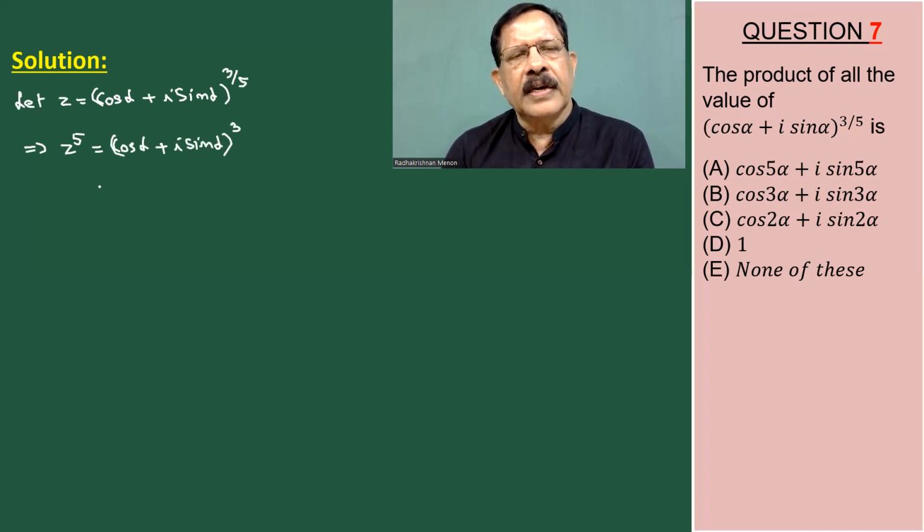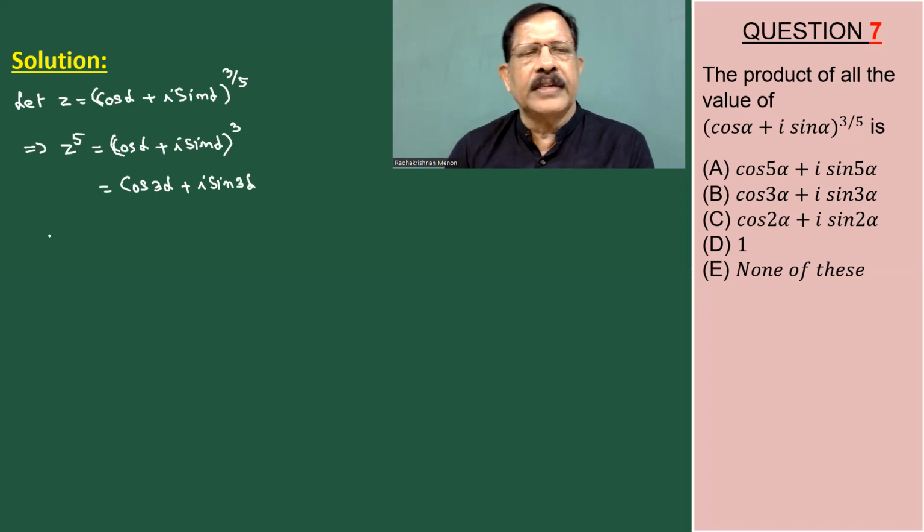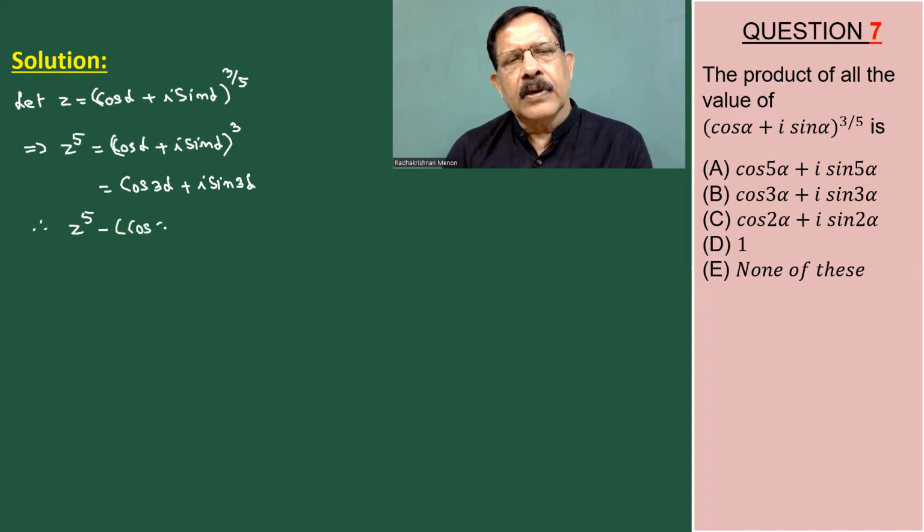So we can use De Moivre's theorem again: it is equal to cos 3 alpha plus I sine 3 alpha. We take cos 3 alpha plus I sine 3 alpha to LHS. Therefore, z raised to 5 minus cos 3 alpha plus I sine 3 alpha equal to 0.